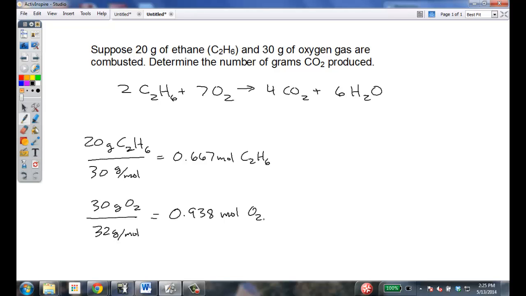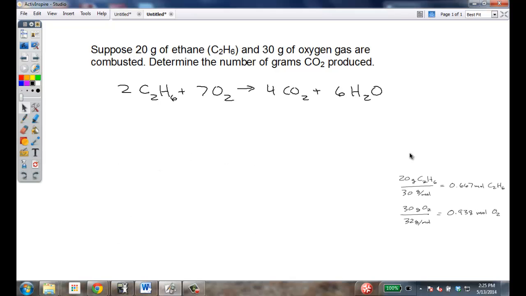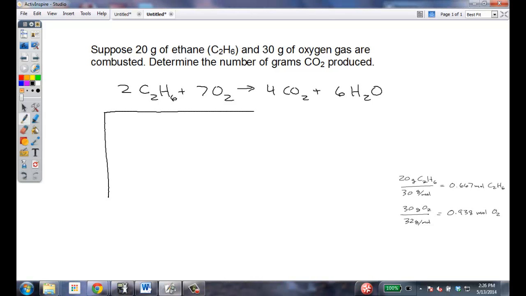So I'm going to take the moles of C2H6 and the moles of O2 and put them in what we call an ICE table. Now, an ICE table is a nice way of keeping track of what you start with, what happens during the reaction, and what you're left with at the end. And this is how it works. It's a grid that goes underneath the reaction.